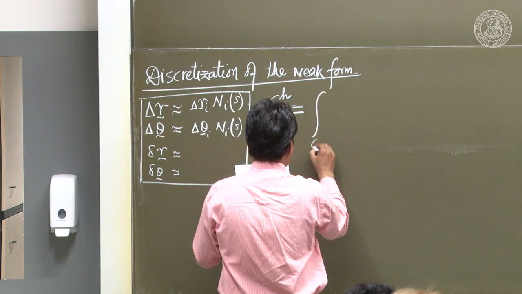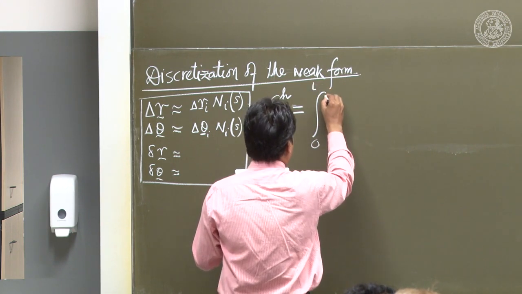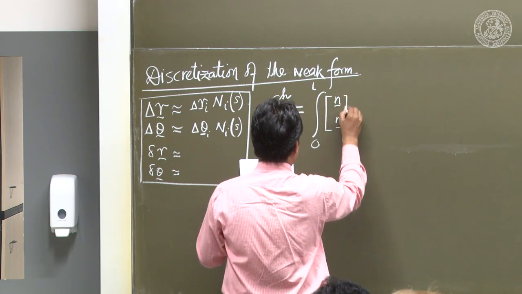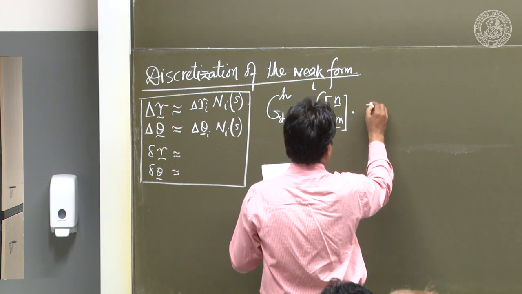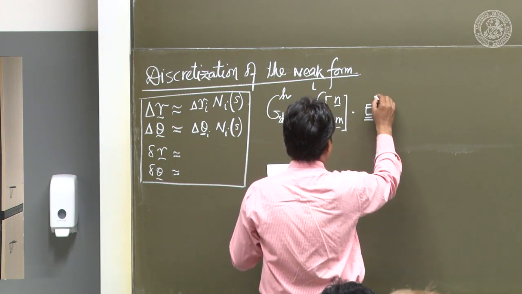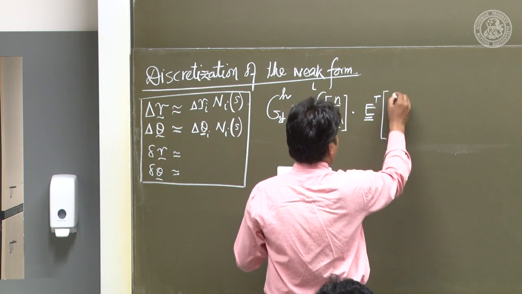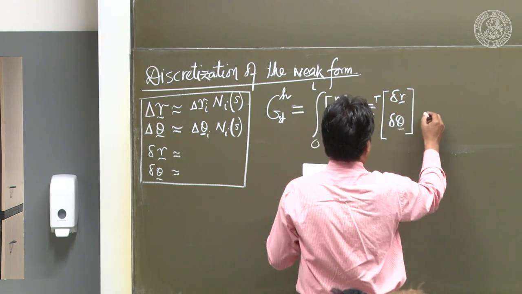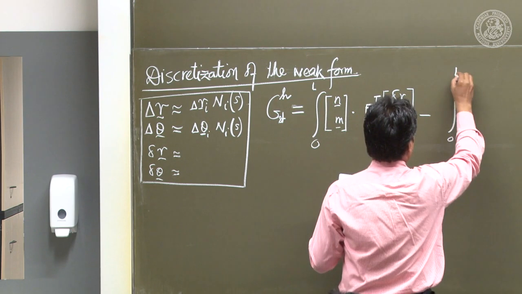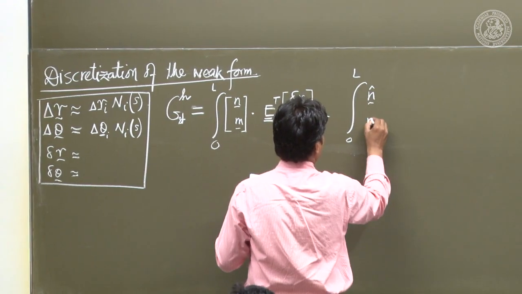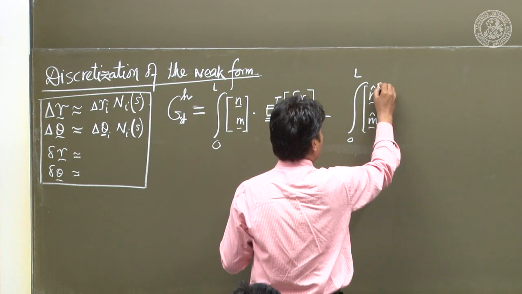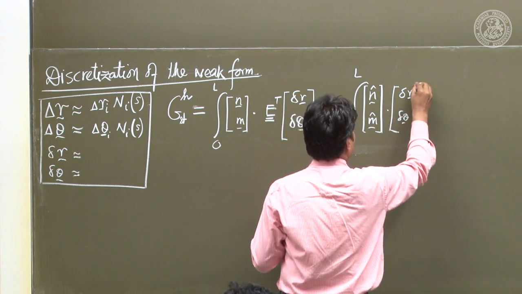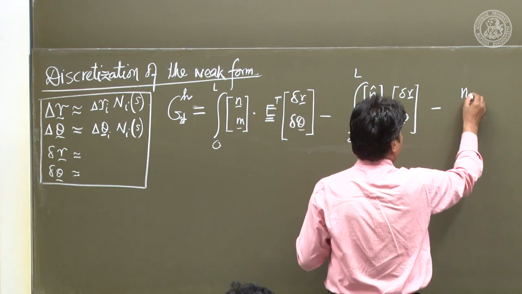Let me just write down the actual G, which was n m dot E transpose del r del theta, minus the term due to distributed load and the boundary condition.